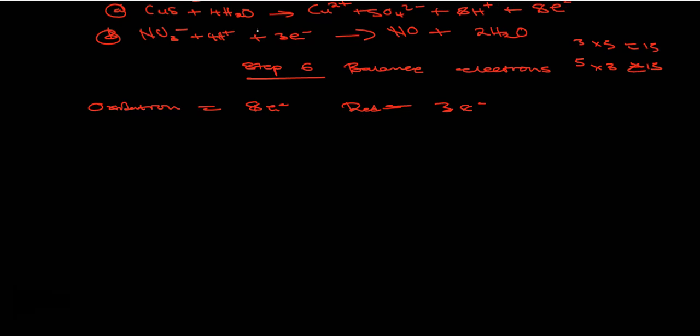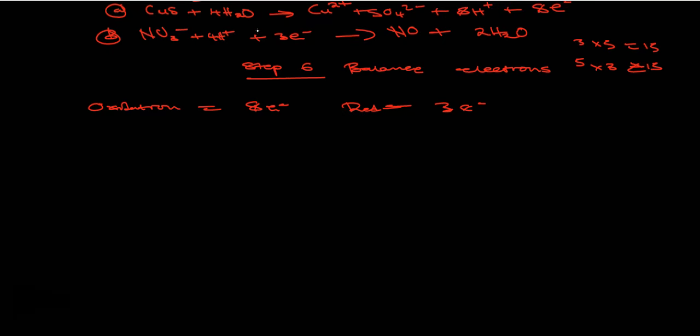So what we are going to do is multiply our whole first equation by 3, so that we may balance these electrons, and the equation which has 3 electrons is going to be multiplied by 8.